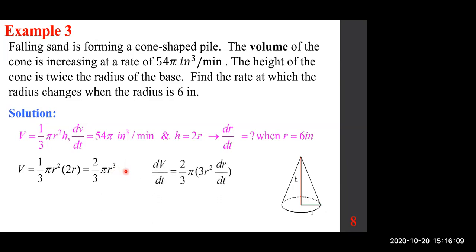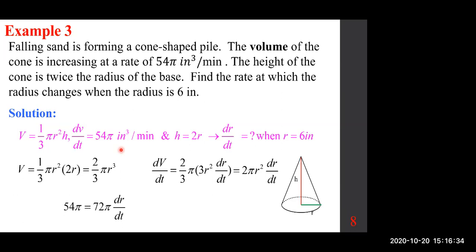So dV dt is 2/3 pi, and then 3r squared dr dt. Simplify by dropping the number 3, and this is your final answer for dV dt: 2 pi r squared dr dt. And we know dV dt is 54 pi cubic inches.